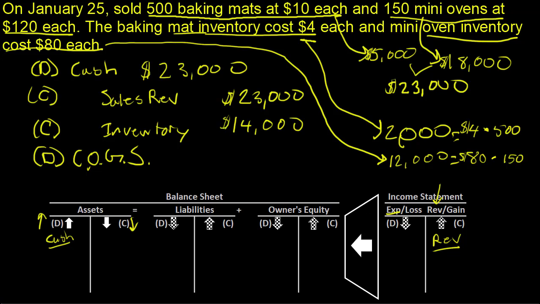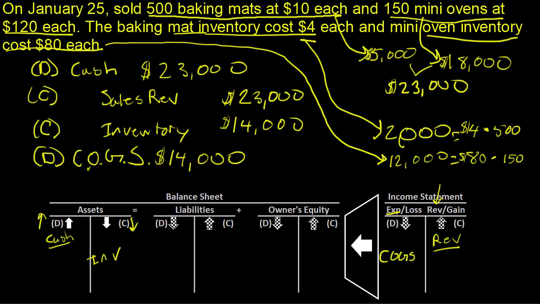All right, that's the inventory that left. It's a credit to inventory here. This journal entry is crediting inventory right here. And our representation of those resources leaving is going to be in cost of goods sold for the equal amount, $14,000. All right, $14,000 right here. So inventory is going down by a credit, and then our cost of goods sold represents that cost of goods sold right here.